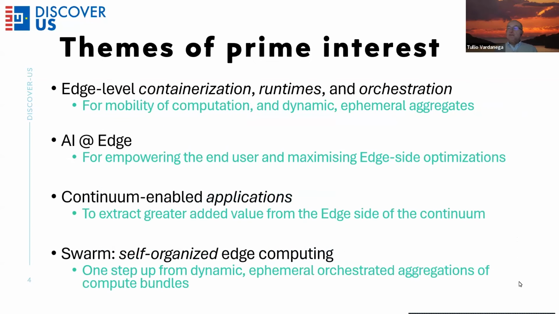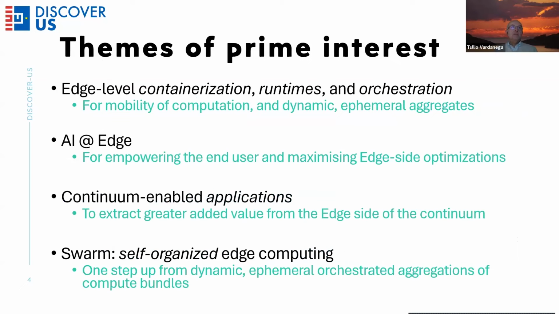Now, regarding the tasks for members of Discover Us to take, we would find these four important themes on which we would like to have people think, research, and share thinking. You see the headings: edge level containerization, runtimes that can be hosting mobile computation and orchestration there.